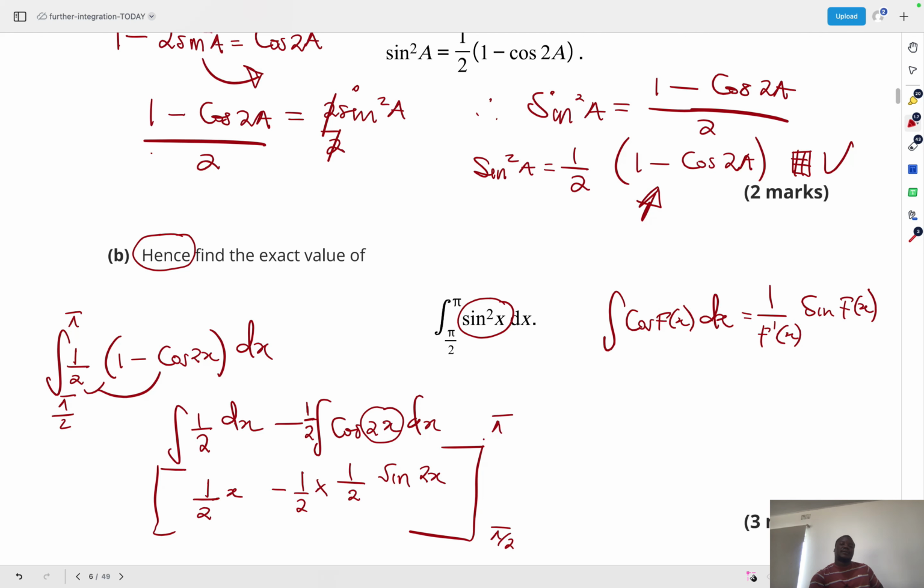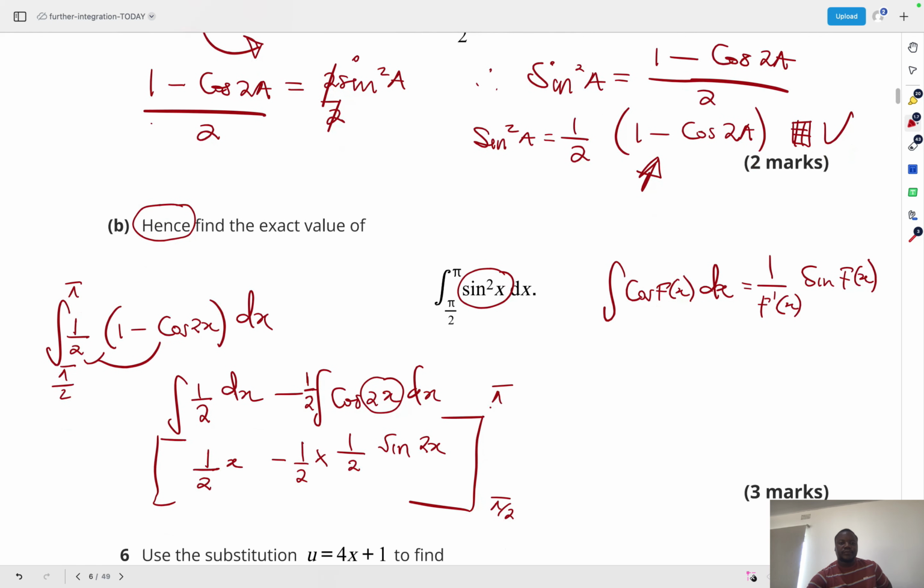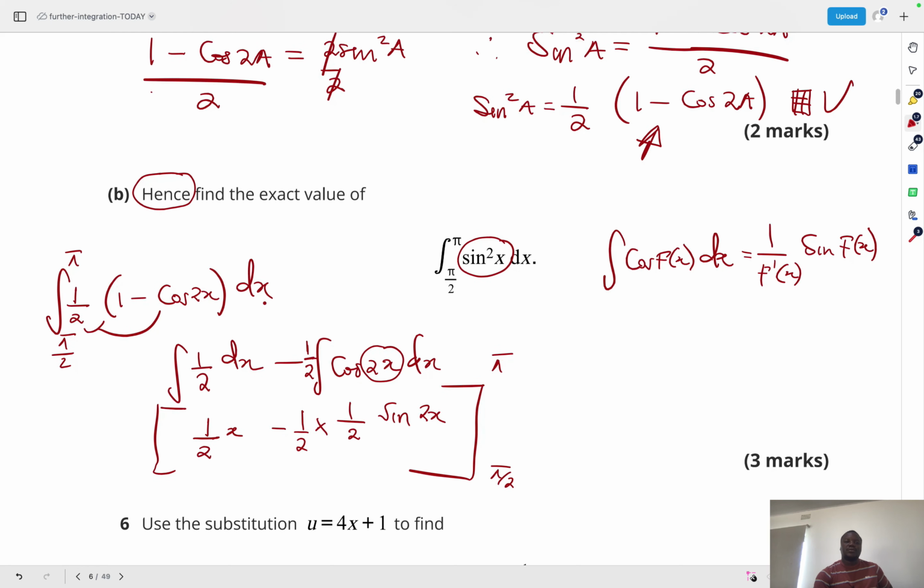So we can then simplify this. Negative half times half gives us a quarter. So it's like we are dealing with half x minus 1 over 4 sin 2x.